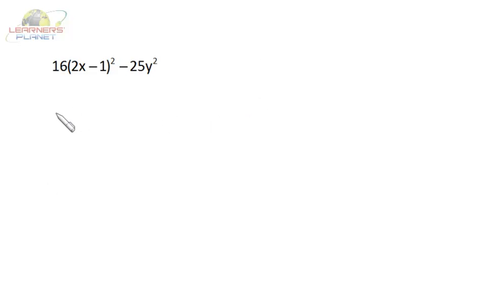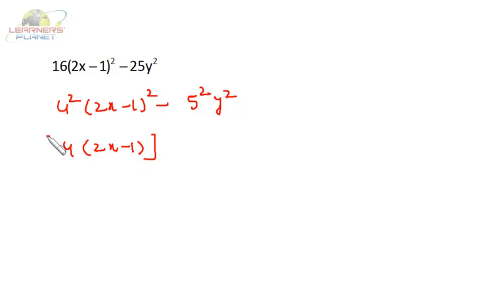Now let's see this problem. It's 4 square 2x minus 1 whole square minus 5 square y square. Now I am not replacing 2x minus 1 as some other variable. Just try to learn it directly. So it's 4 times 2x minus 1 whole square minus 5y whole square. Now its complete term is x square format, and this is y square format.